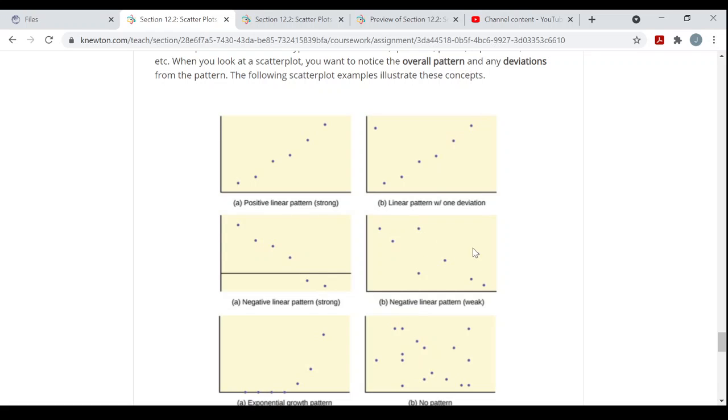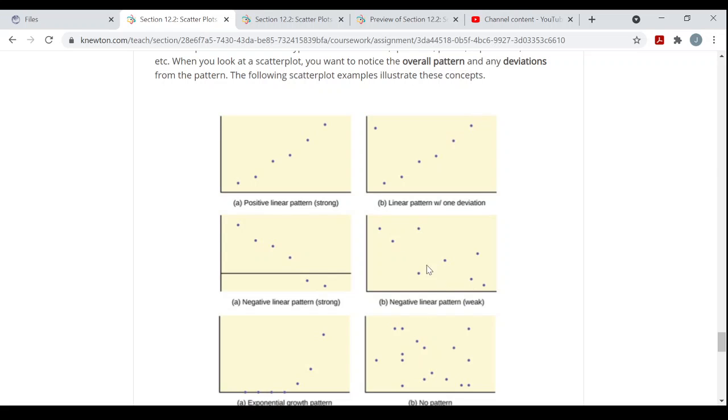Now this one, again, low x to high y, high x to low y, these points. So the points are tending downward as you move to the right. So there is a negative relationship.